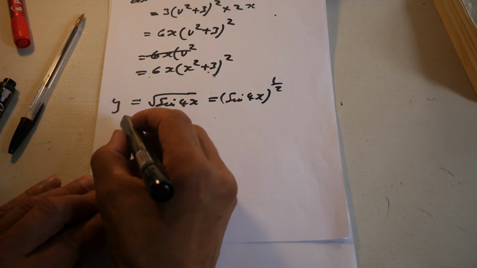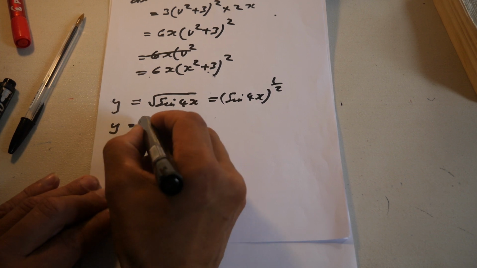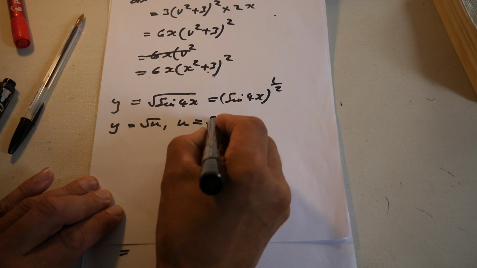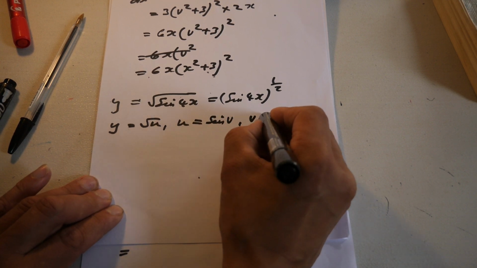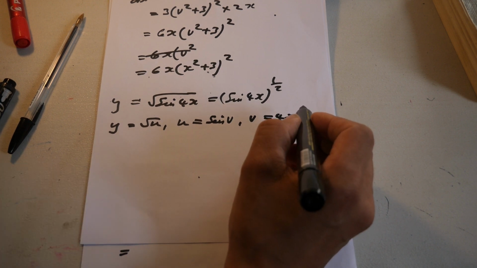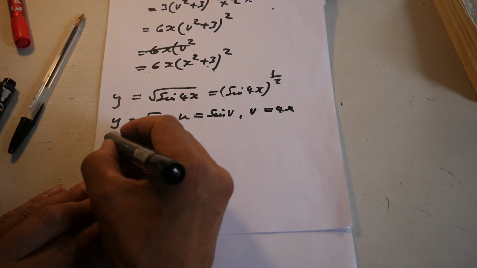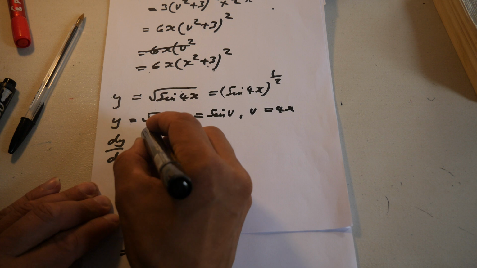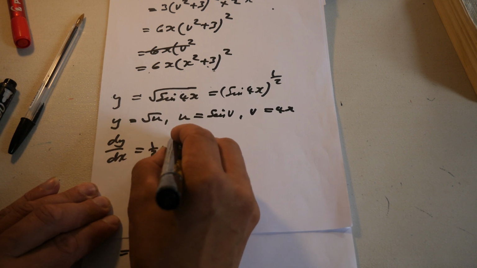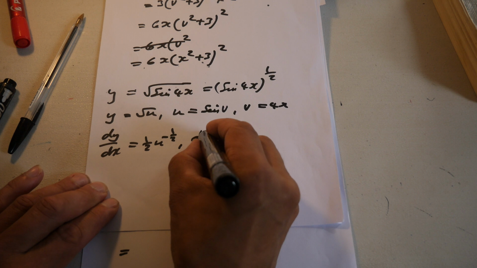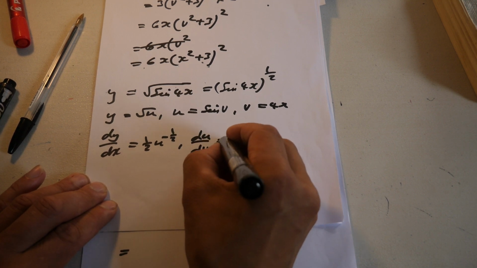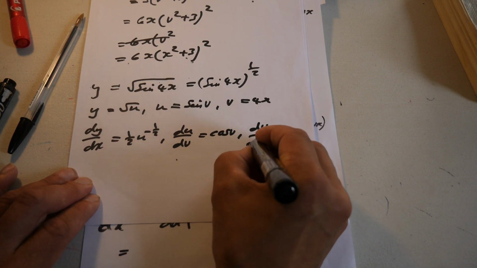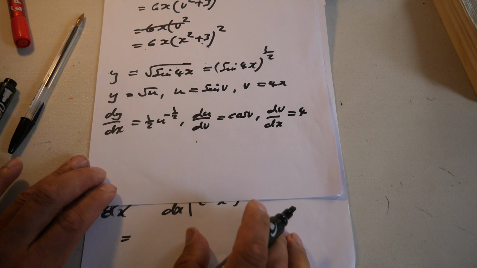If you set y equal to the square root of u, and then u equal sine v, and v equals 4x, okay, then dy by du equals half u to the minus half, du by dv equals cos v, and dv by dx equals 4, okay?